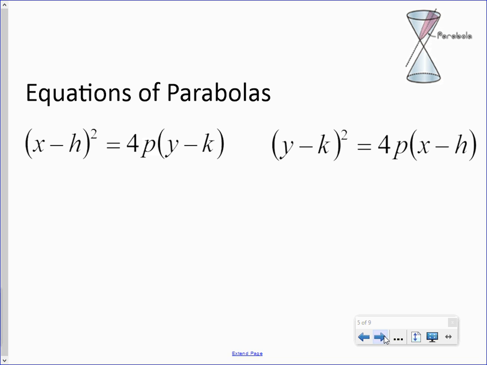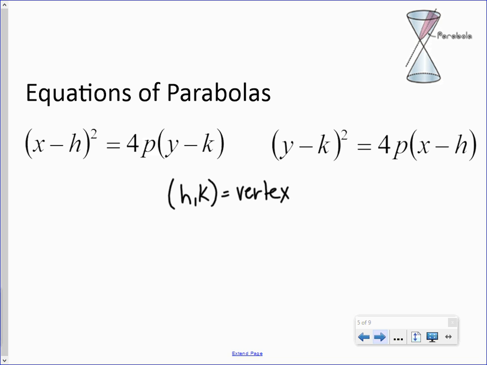The main difference for a parabola is that (h, k) gives us not a center point, but the vertex of our parabola. Okay, so let's write that down. For both of these equations, I'm going to put it in the middle because this applies to both. (h, k) is my vertex. Okay, it's a point on my parabola.